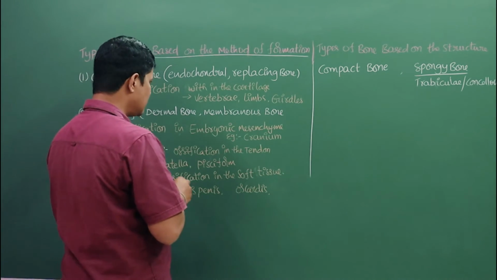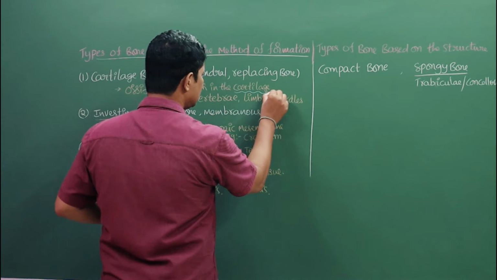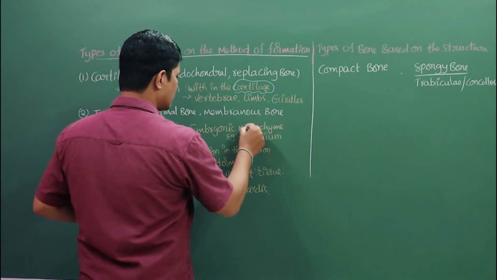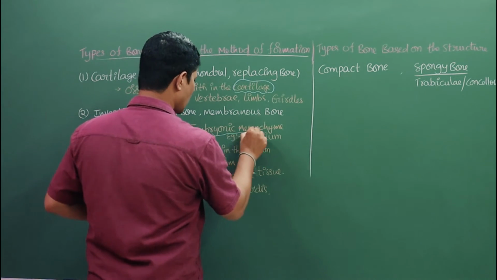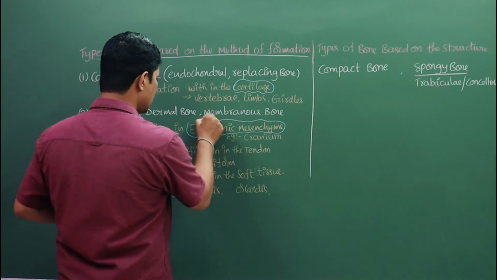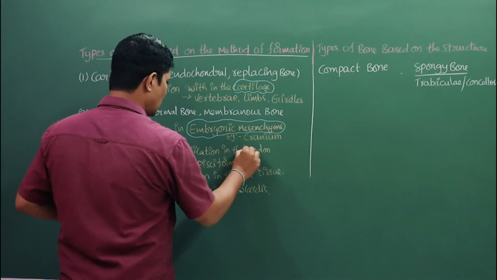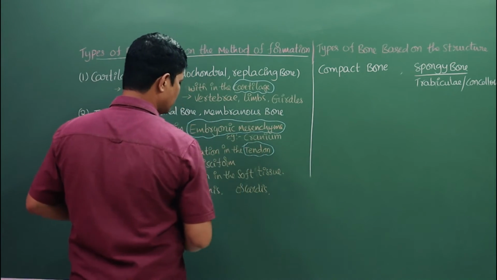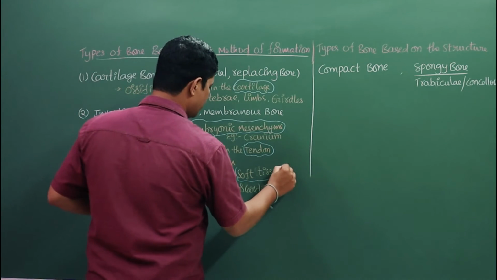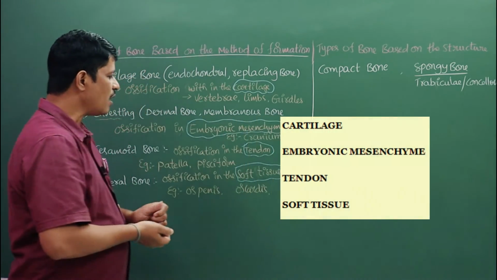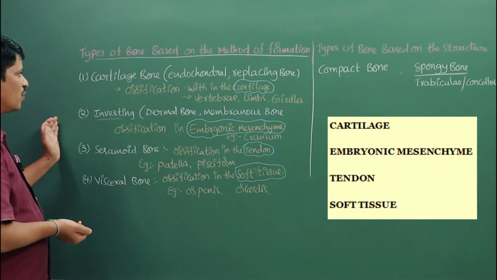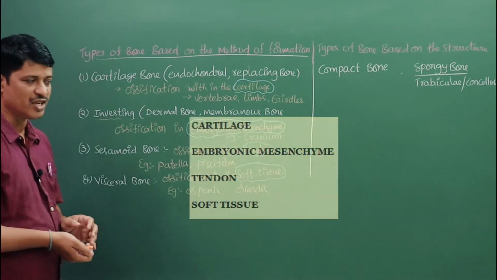All these are important: cartilage, embryonic mesenchyme, tendon, and soft tissues. These are the bones based on the method of formation.